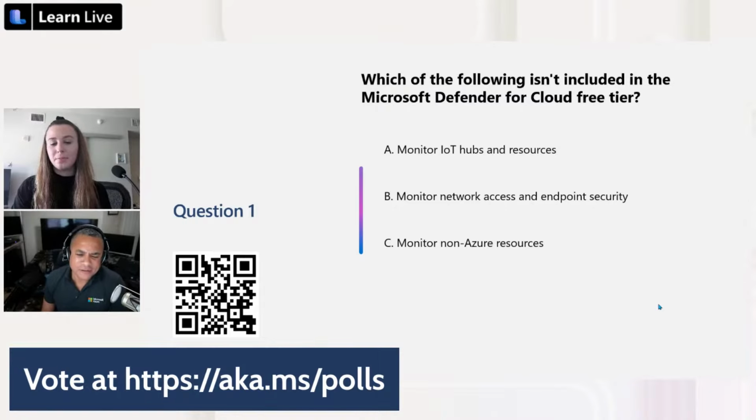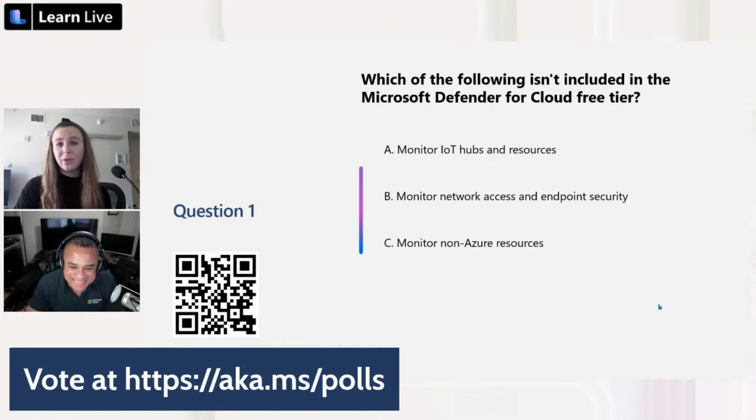What about monitoring Internet of Things hubs and resources? So that is something where we can provide recommendations. So that's going to be all around giving you recommendations. If you want more protection, then you can use a plan called Defender for IoT, which isn't in Defender for Cloud actually, but you can get some essential recommendations.